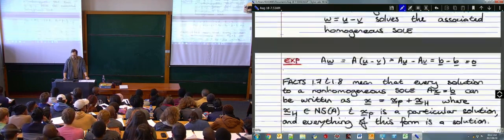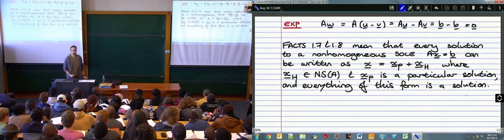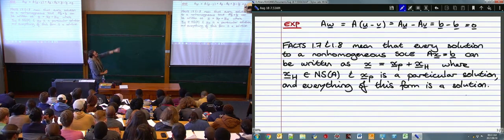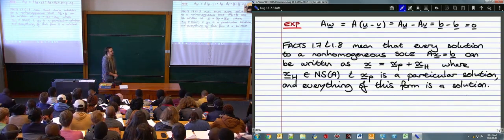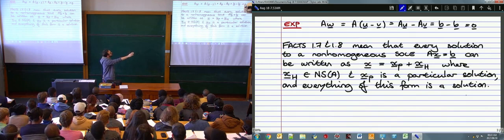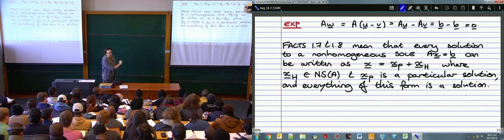Generally A and B are specified in the problem, and we're trying to find X. All right. Pretty much this conclusion that I've written up here, we're going to see again later on in the course, written out word for word, except instead of saying homogeneous system of linear equations, we're going to write down non-homogeneous differential equation.